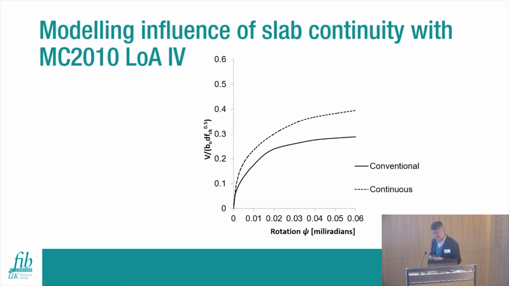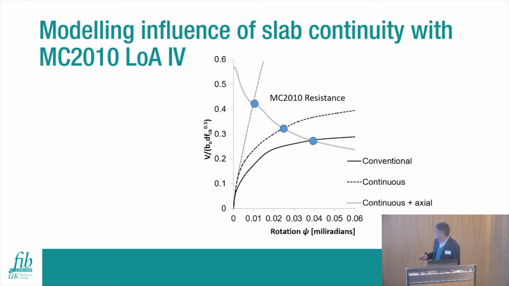So here we're simulating the internal bay with rotational fixity at mid-span. And the effect of modeling the complete bay is to give a stiffer response. And so we see that there's an increase in punching resistance due to the reduced slab rotation.